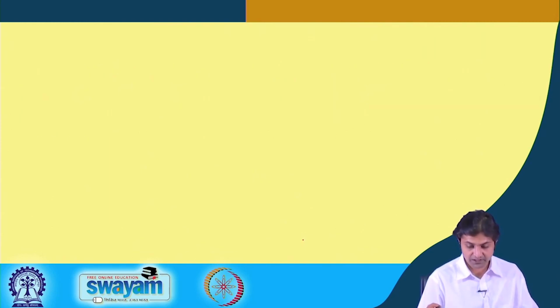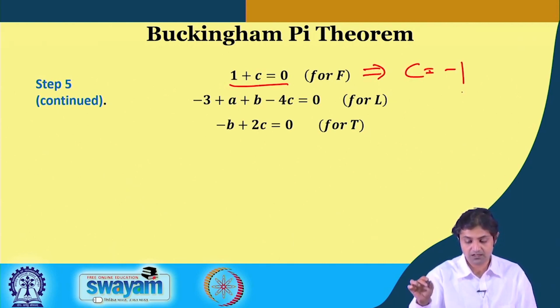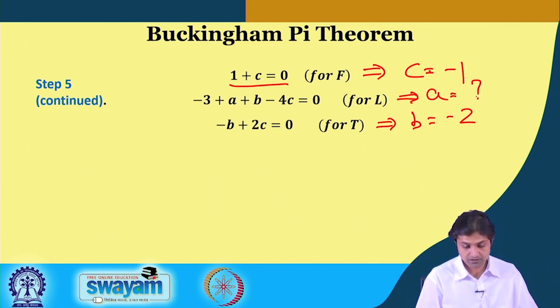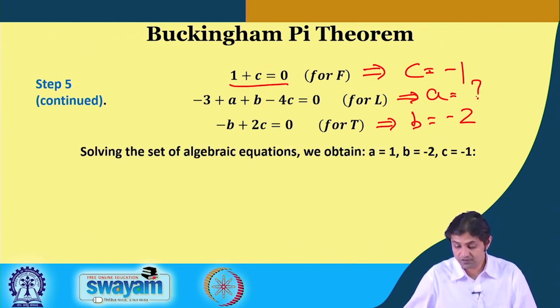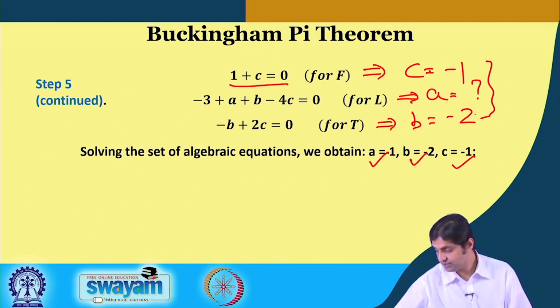See, 1 plus c is equal to 0 gives c as minus 1. b is equal to 2c, which implies b is equal to minus 2. If we know c and b, we can get a. Solving these, we get a is equal to 1, b is equal to minus 2, c is equal to minus 1, as we have already found out here. All right.